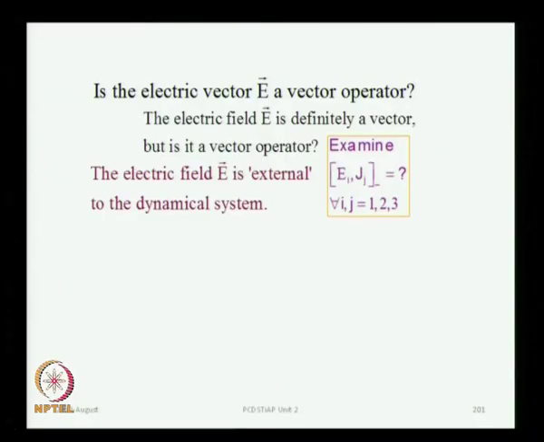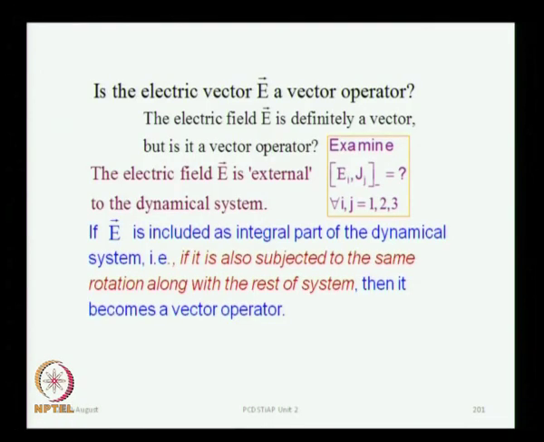So, what you have to do is to examine these commutation relations. These are the equivalent defining criteria, and you must subject the components of the electric field to these commutation relations and ask yourself if they satisfy the same relationships as you used to define what a vector operator is.